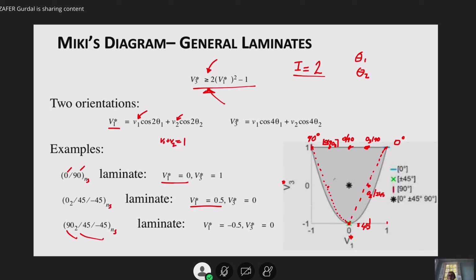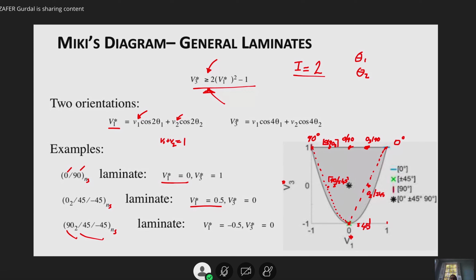So this is 90 twice slash plus minus 45. So you see what's happening. This point here, when V1 star is equal to 0 and V3 star is equal to 0, is quasi-isotropic.